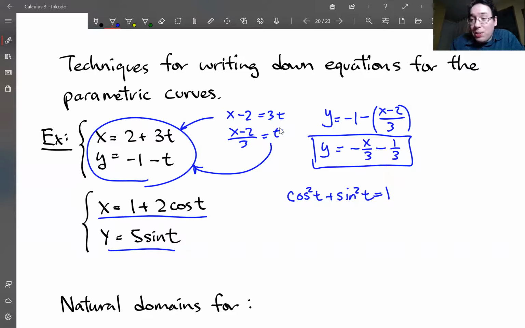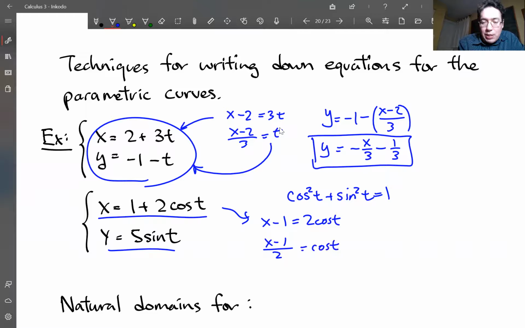So solve for cosine and sine. So from the first equation, I could write it as x minus 1 is 2 cosine of t. So x minus 1 over 2 is equal to cosine of t. The second equation is a little bit simpler. I just divide by 5.